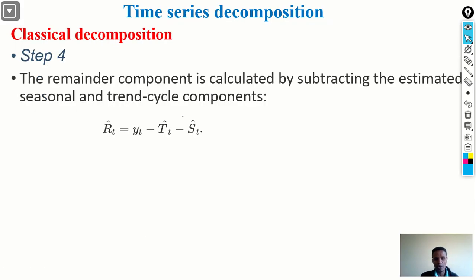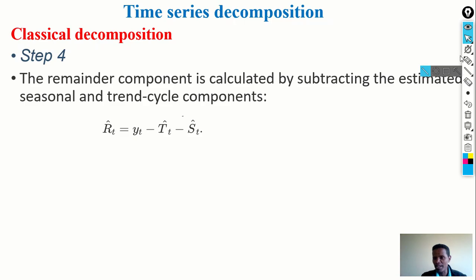So this is the way the classical additive decomposition process is done. In the last step, the remainder component is calculated by subtracting the estimated seasonal and trend cycle components.